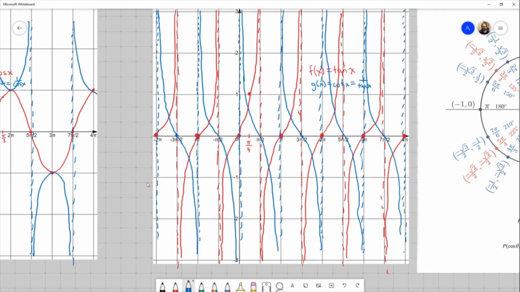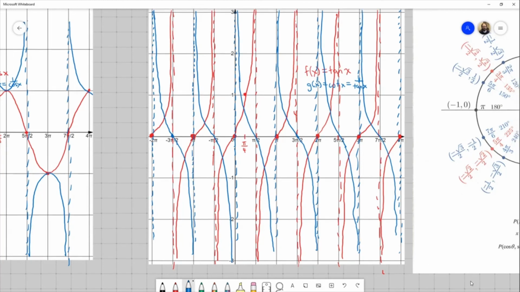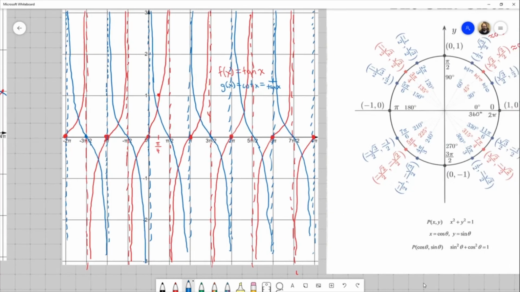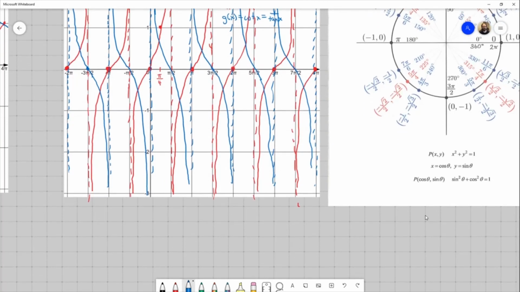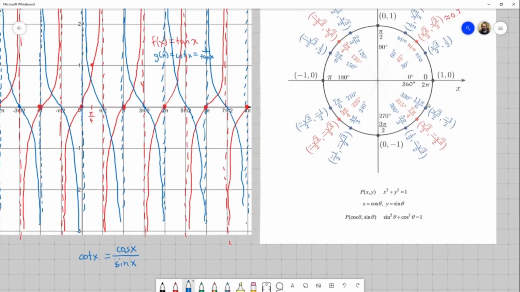And so you can, and I often do, kind of like we thought of tangent as sine over cosine, we could think of cotangent as cosine over sine, using that identity, and say, all right, wherever sine is 0, so at the multiples of pi, 0, pi, 2 pi, 3 pi, 4 pi, all the multiples of pi, we're going to have these zeros in the denominator, so that's where we're going to have our vertical asymptotes.